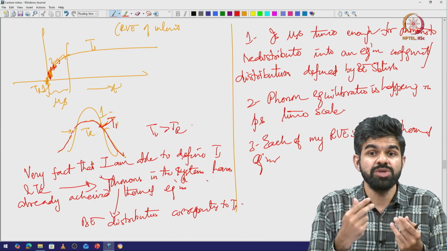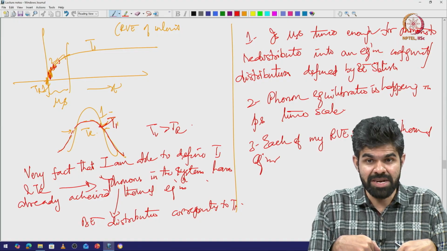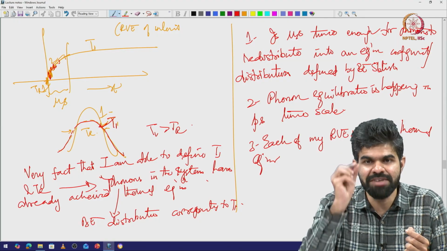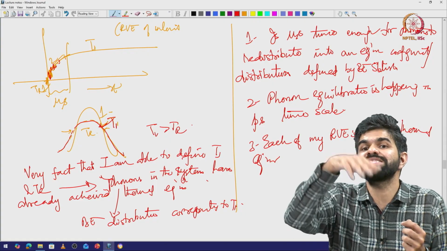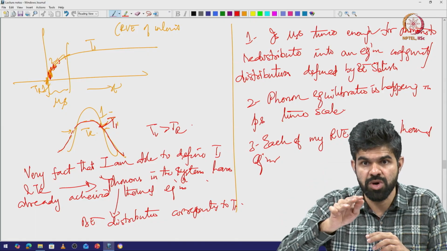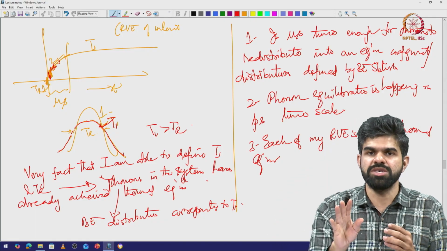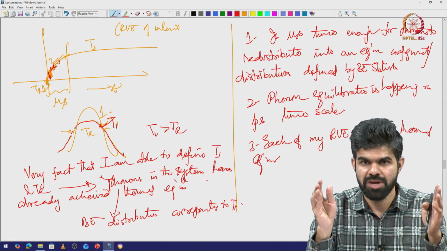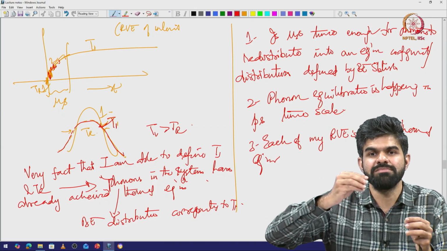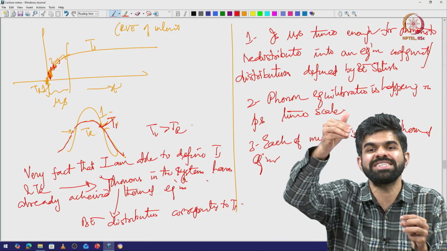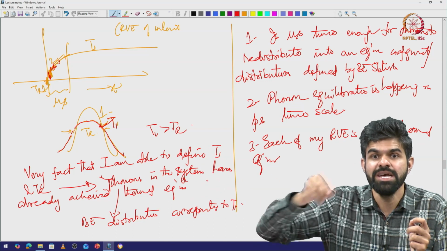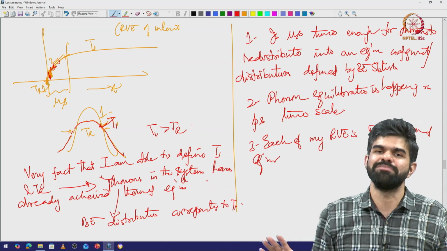There is an underlying assumption there, and that is true, that at every individual point I can define a temperature, which means every individual point has some kind of distribution, in this case some kind of Bose-Einstein distribution of phonons that has already reached the temperature set by the distribution. Okay. And later on I am letting the heat flow and increase this temperature and decrease this temperature. In that sense it is a steady state problem, right, but every RVE is already in equilibrium, right.